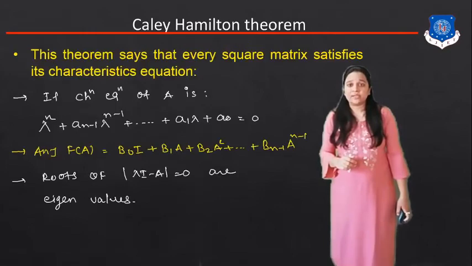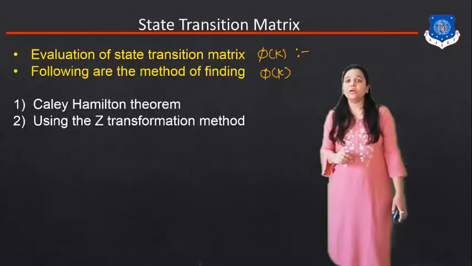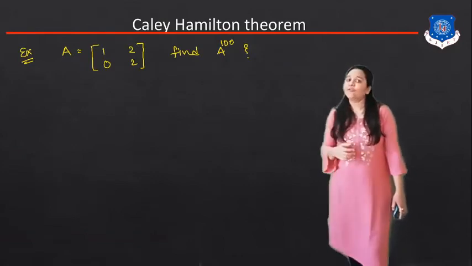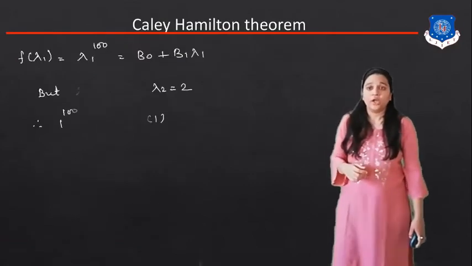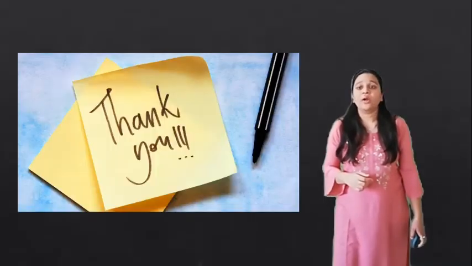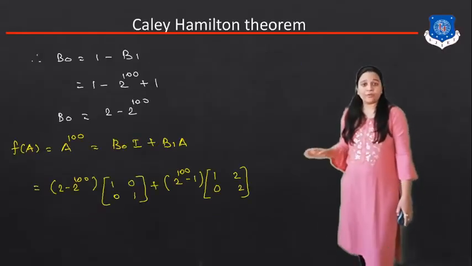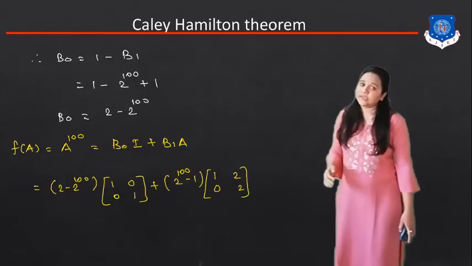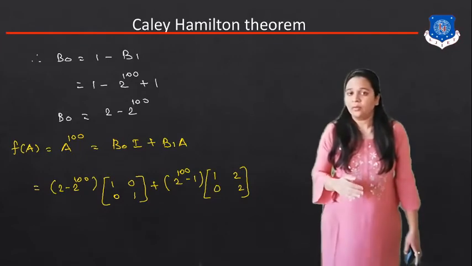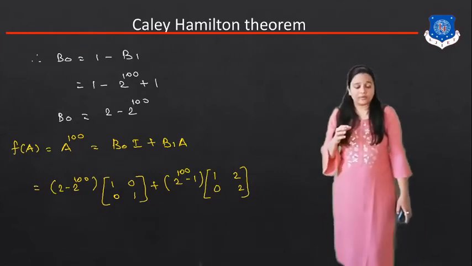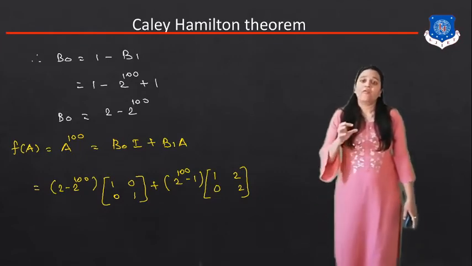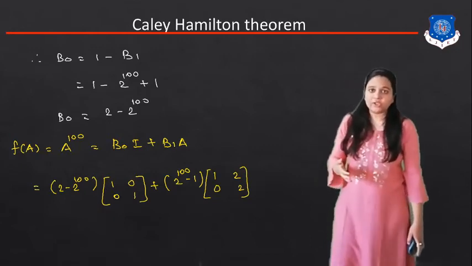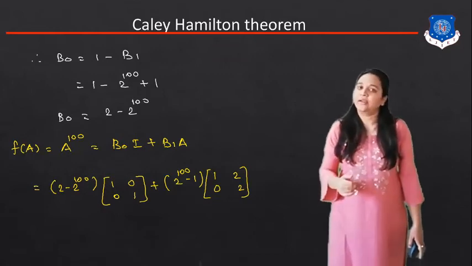The value of the A matrix is given and we have to find the value of A raised to 100. So for the 7 marks, you compulsorily have to solve this matrix using the multiplication and addition method, and you have to find the exact value of function of A.